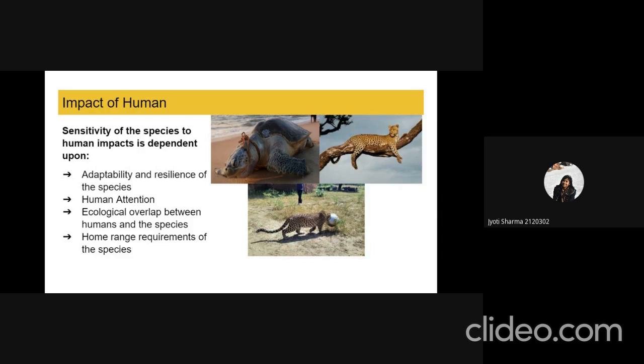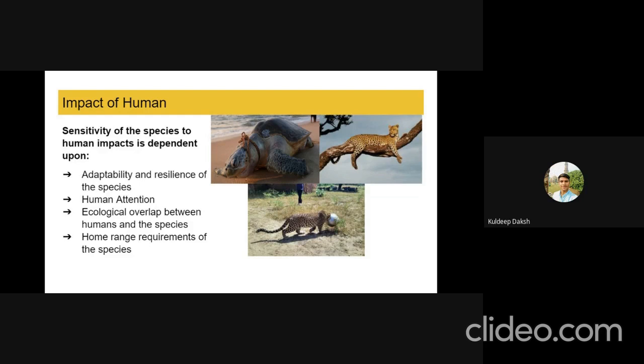The inverse case also happens. Let's say it is a peepal tree, and it has religious human attention on it. So we will not cut down this peepal tree, but we can cut the neem tree, suppose. Because of human attention, yes, Kuldeep?